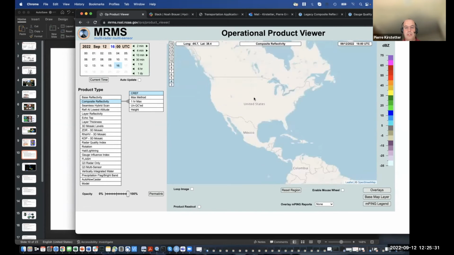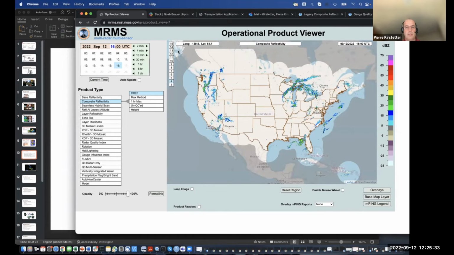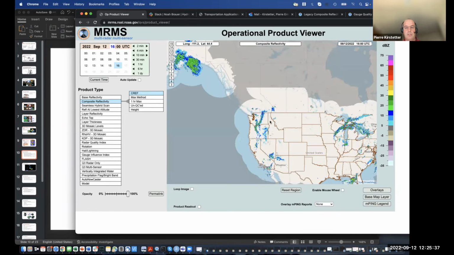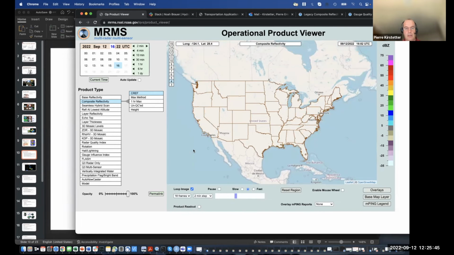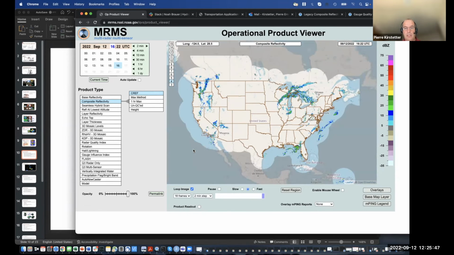So first, it covers the entire US plus some external areas like Alaska or the Caribbean. And it provides in real time the current situation over the US of precipitation as seen by the radar network. You can also loop over these different products.